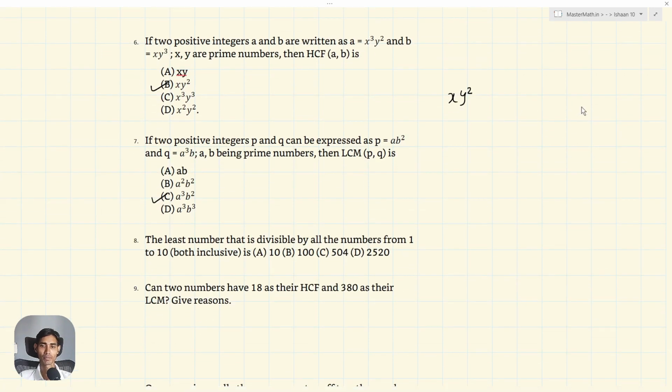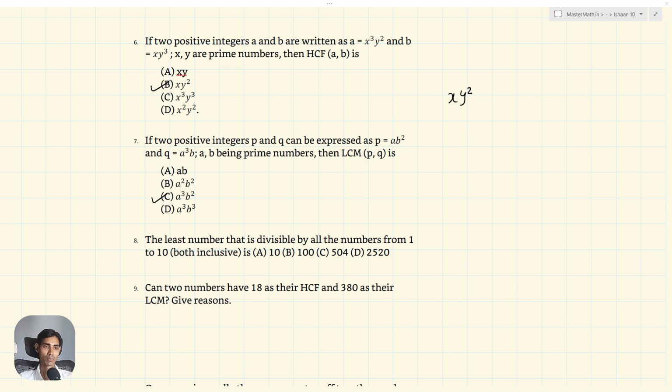Eighth one, least number. Sir, here we have to find, I think we have to find the LCM, and since we are supposed to find the LCM, so is the answer option D?